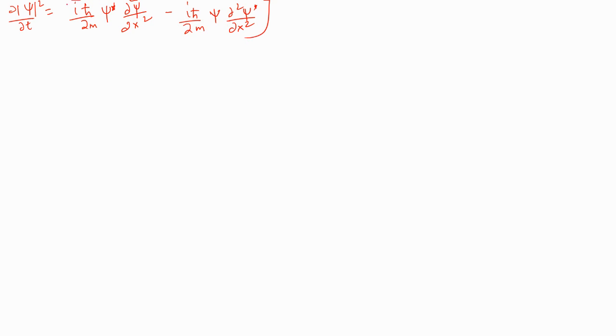So can I write it like this: d by dx of iota h cross upon 2m times psi star d psi by dx minus psi d psi star by dx?